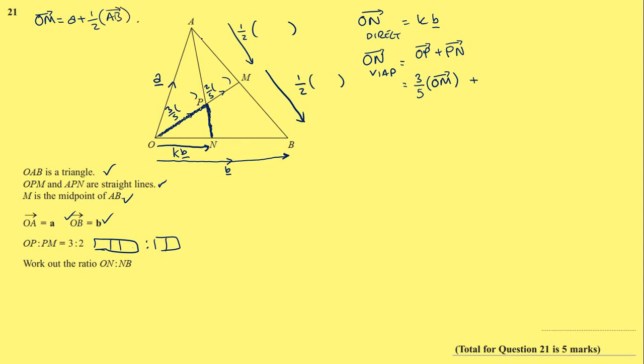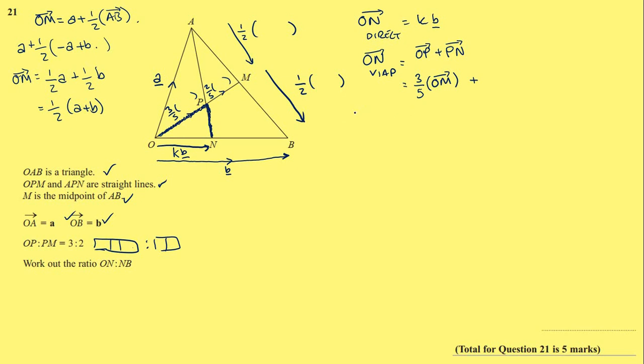It's A plus 1/2 of the vector from A to B, which is A plus 1/2 of, well, to get from A to B, you've got negative A going against the grain here, so that'll be negative A plus B. So O to M must equal A, take away half an A, which will be a half an A, plus a half of B, which is 1/2 of A plus B. So to get from O to M, which is this entire line here, that's 1/2 of A plus B.